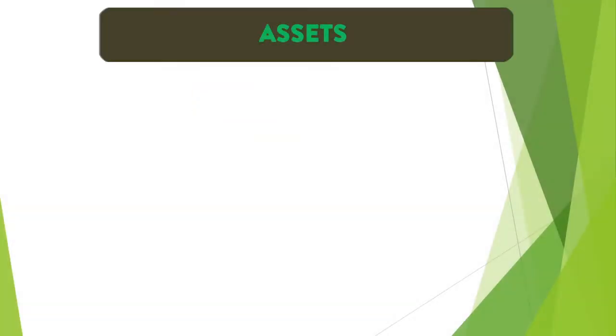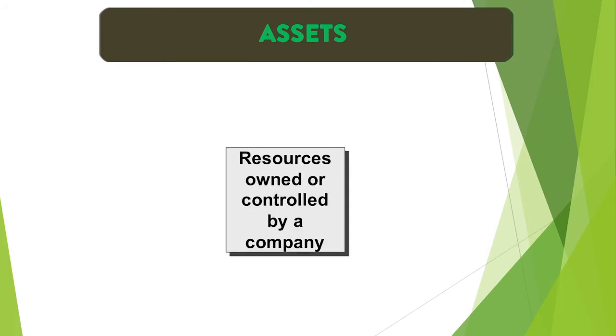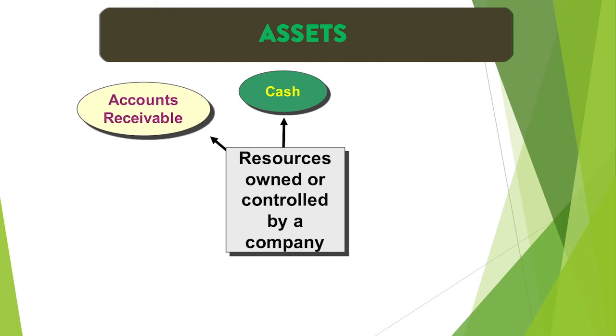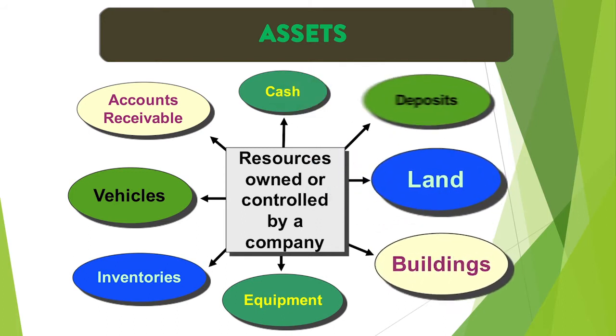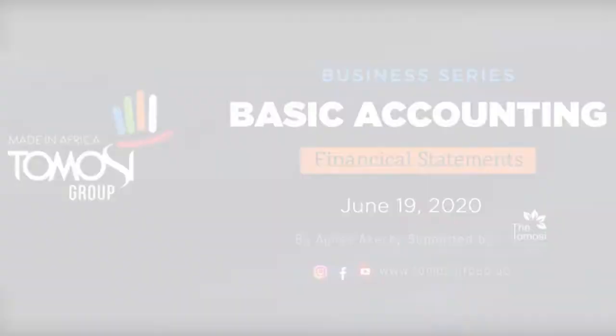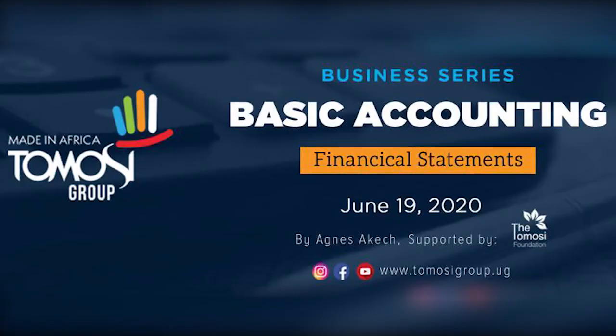The assets are made up in general of cash, accounts receivable, vehicles, inventories, equipment, buildings, land, deposits. These are resources owned or controlled by a company, resources that a company or management uses to generate returns on the investment of the shareholders and other partners.